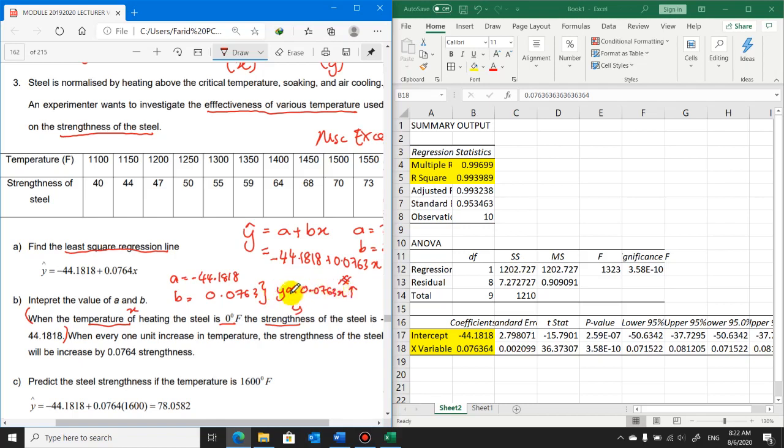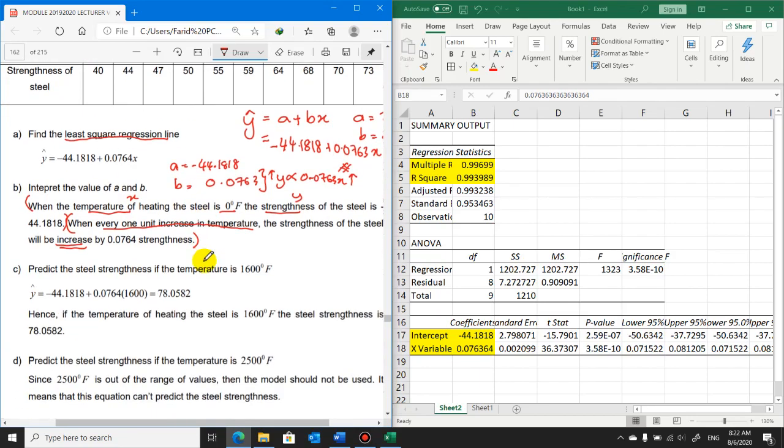So if X increase, Y also increase. Okay, that's why dia kata when every 1 unit increase in X temperature, the strength of steel will increase, okay, by 0.0763 strengthness. Okay, senang okay.